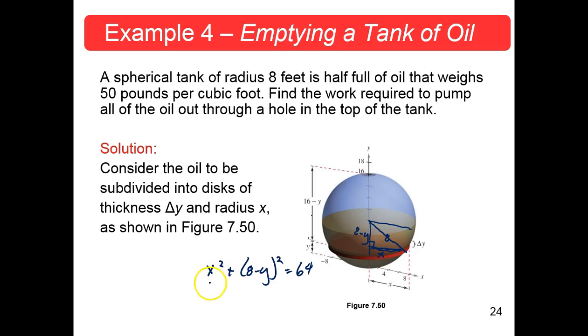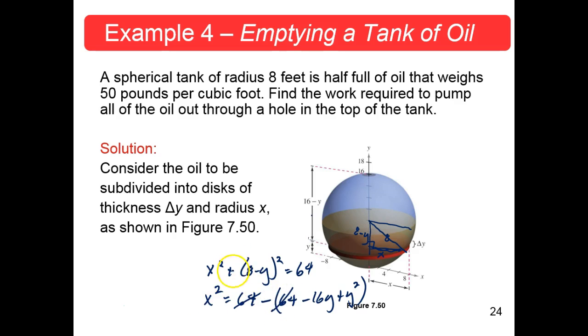Okay, so we are going to solve for this. Let's say x squared is equal to 64 minus, let's go on and multiply that out. Well, that squared is going to be 64 minus 16y plus y squared, right?